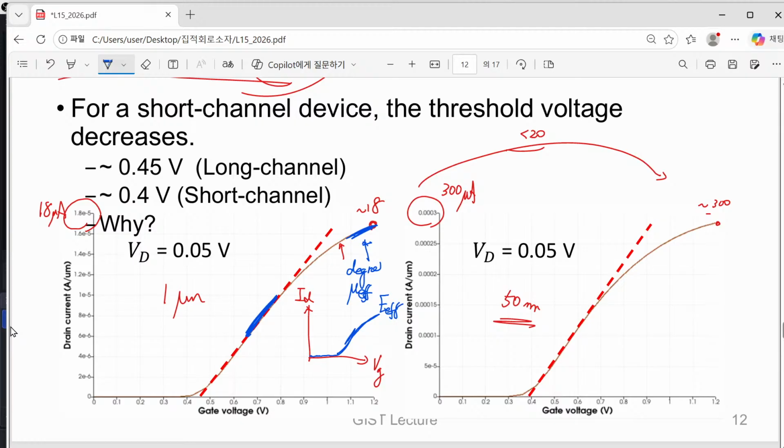So therefore, when we try to find out or estimate the threshold voltage, usually we wanted to find out just counting numbers. Who decides threshold voltage? Mobility is nothing related with threshold voltage.